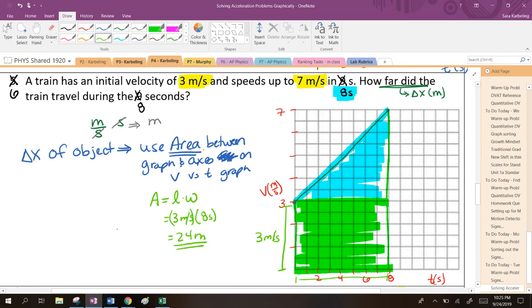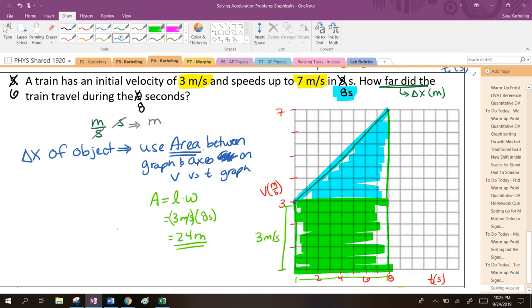Really what that means is if the train had traveled just at 3 meters per second for those 8 seconds, it would have traveled 24 meters. But we've got to include this little blue triangle on top, because the little blue triangle is giving us that additional distance that it traveled as a result of its acceleration.